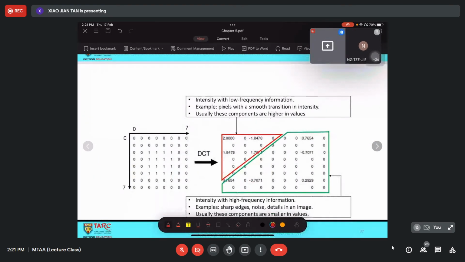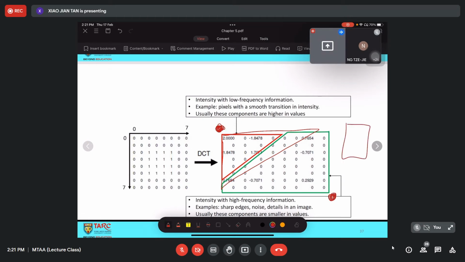The intensity with low frequency information will be in red, and the one in green will be high frequency information. Of course, the way I partition the red and the green also depends. You can partition it somewhere around here. But the main point I want you to know is that towards this point is low frequency information, and towards this point is high frequency information.